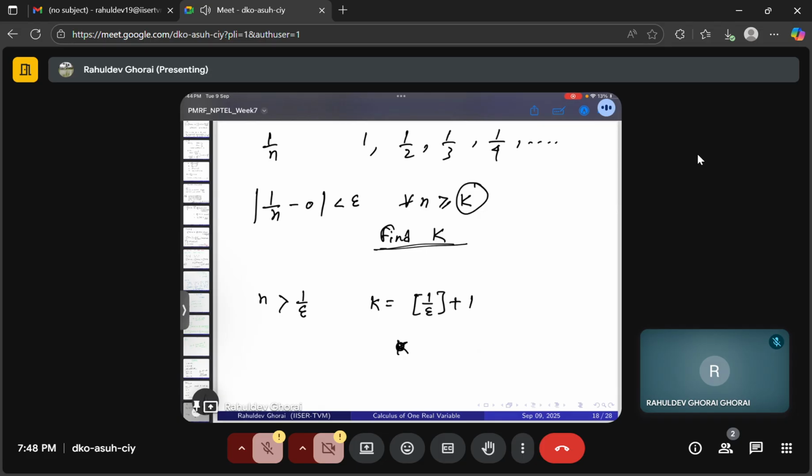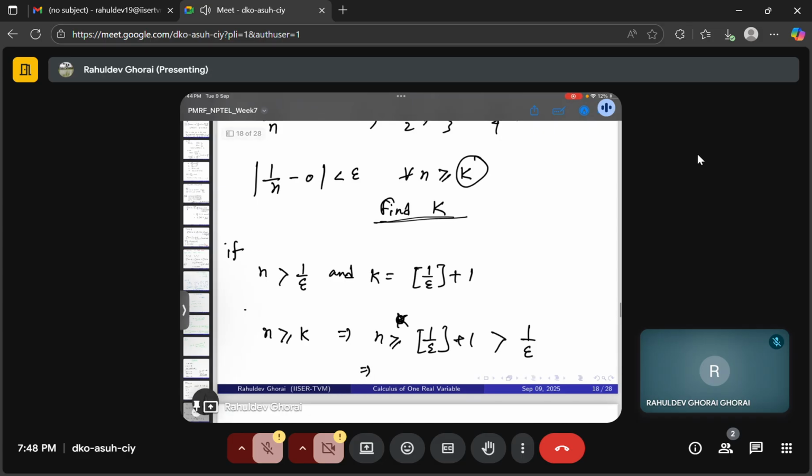Okay, let me think of doing it in a better way. If n is greater than 1 by epsilon and k is equal to this, then n greater than or equal to k implies n greater than or equal to 1 over epsilon plus 1, and that is greater than or equal to 1 over epsilon.